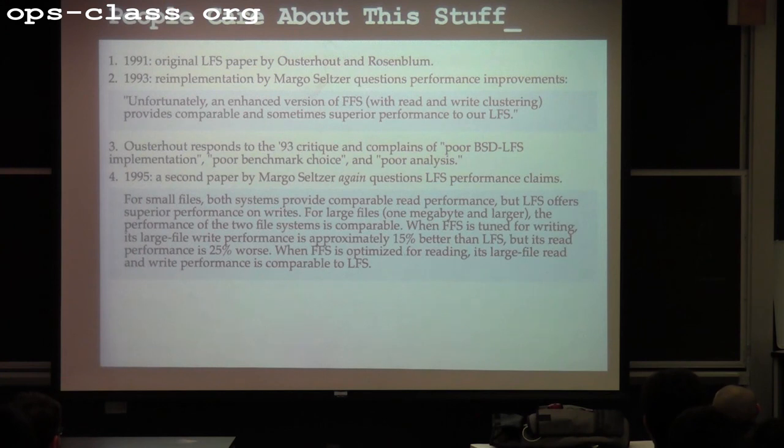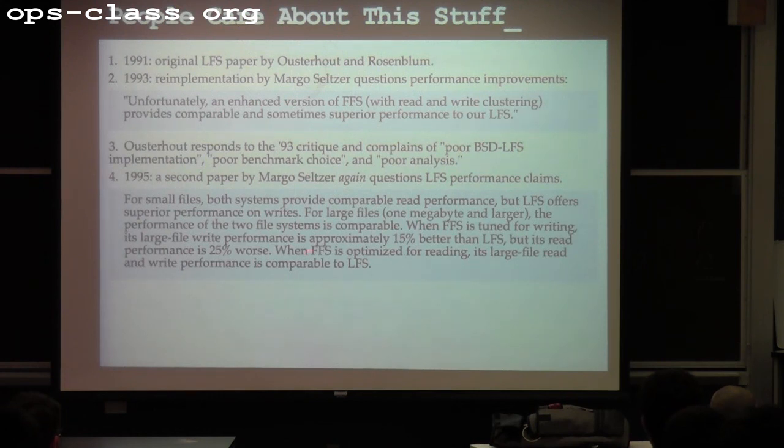Now 2 years go by, and there's a second paper where they again question these LFS performance claims. Here, this is a little bit of a giveaway. We say LFS offers superior performance on writes. For large files, the performance of the two file systems is comparable. When you tune FFS, you get better performance than LFS.